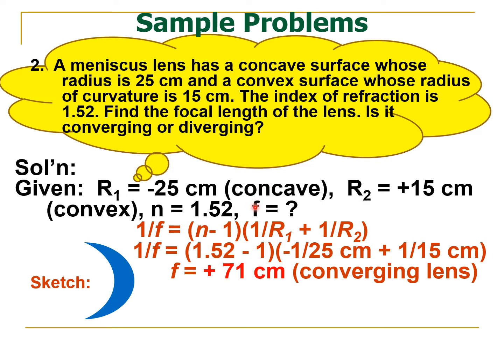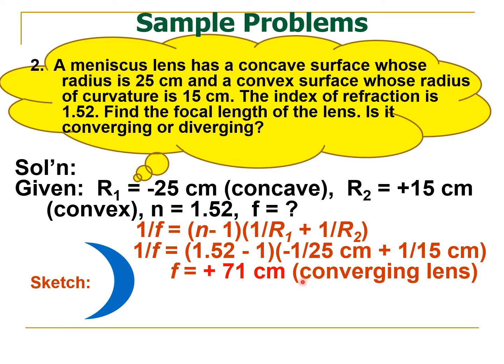Again, the index of refraction n equals 1.52. We're looking for the focal length f, and using the Lensmaker's equation, we substitute. Doing our algebra, we get the focal length of positive 71 centimeters, and our conclusion is that it is a converging lens based on our sign convention.